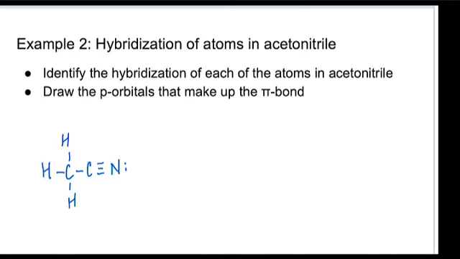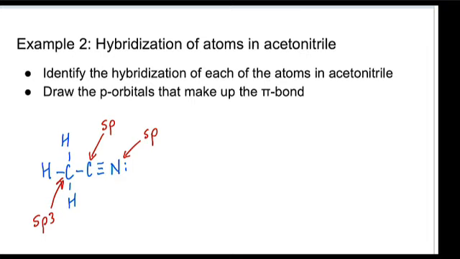So the hybridized atoms here are this carbon, and this nitrogen. So carbon with 4 regions of electron density is sp3 hybridized. Carbon with 2 regions of electron density is sp hybridized. And a nitrogen with 2 regions of electron density is sp hybridized.